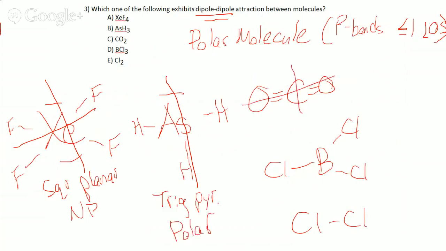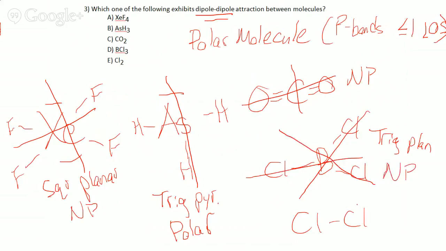CO2 is linear. It's got multiple lines of symmetry, so that's definitely nonpolar. BCl3 is trigonal planar, so it has at least 3 lines of symmetry, which means it's nonpolar. And Cl2 is linear, and there's a bunch of lines of symmetry there, so it's nonpolar. So which one of these is polar and gives you dipole-dipole interactions? AsH3.